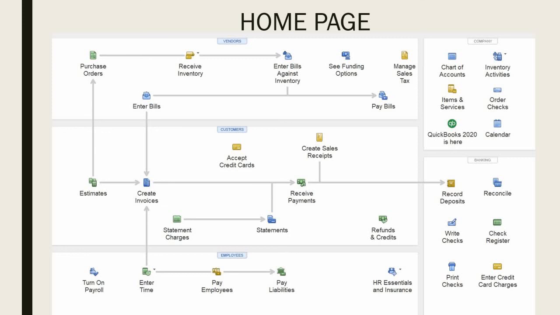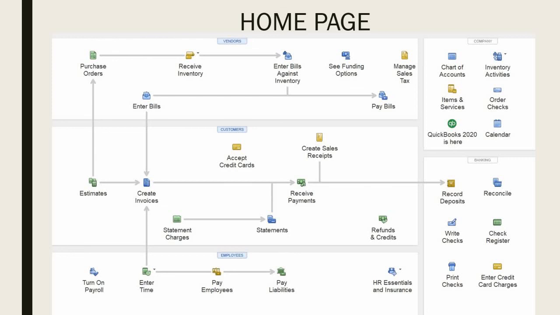Once you create the invoice, you bill your customers. That's what creating an invoice is, right? Therefore, the next arrow says that you're supposed to receive a payment. Once you receive a payment, it's going to go directly to the deposits, okay? So the home page is pretty much the first and easiest way to enter any transaction, right?